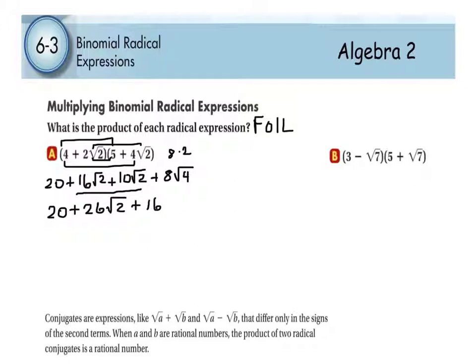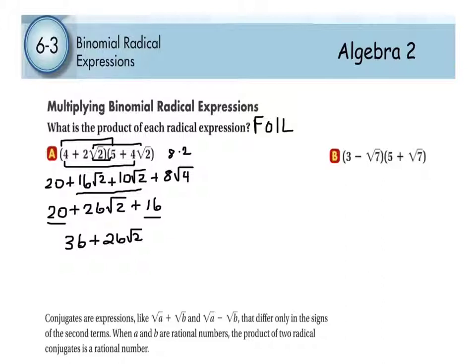Then I can add these like terms, 20 and 16, which is 36, plus 26 times the square root of 2. Now, these two here are not like terms because this one has a square root and this doesn't. So I'm done. My final answer is 36 plus 26 times the square root of 2.